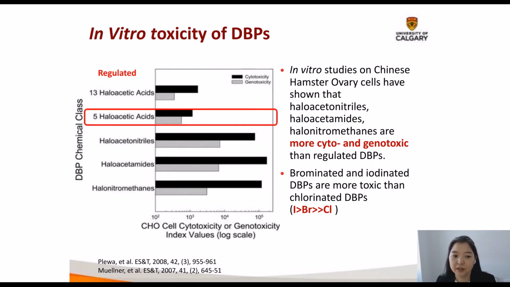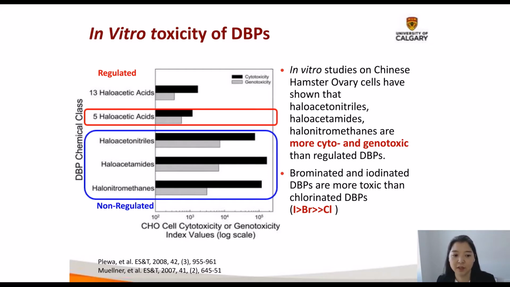We have the five haloacetic acids that are regulated, as well as the non-regulated, nitrogen-containing disinfection byproducts. And so this graph directly compares the cyto- and genotoxicity of these compounds.